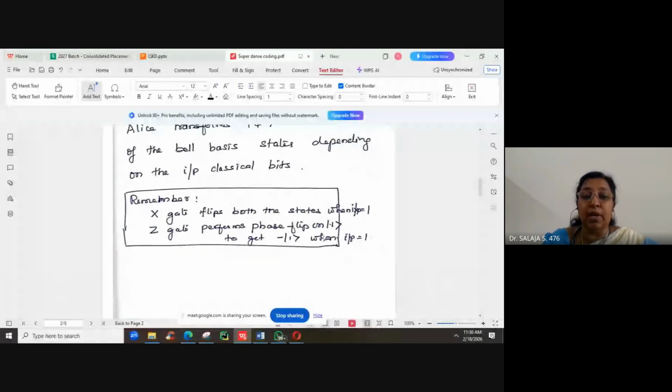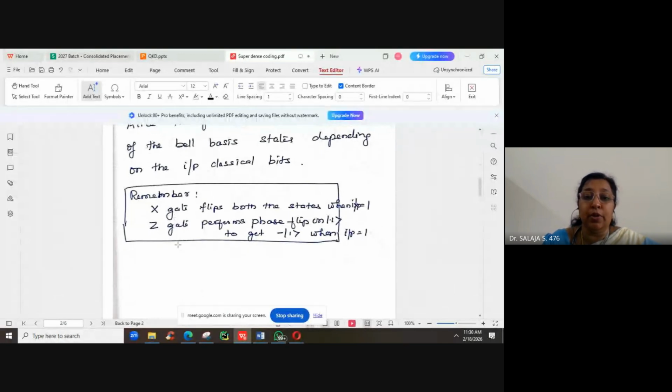To remember, the X gate flips both the states, whereas the Z gate performs a phase flip.